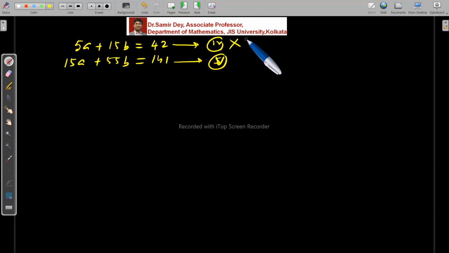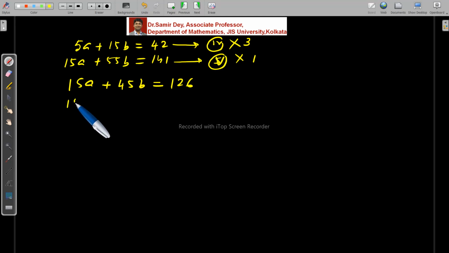So if I multiply equation 4 by 3, it is coming 15a + 45b = 126. Now you take 15a + 55b = 141.